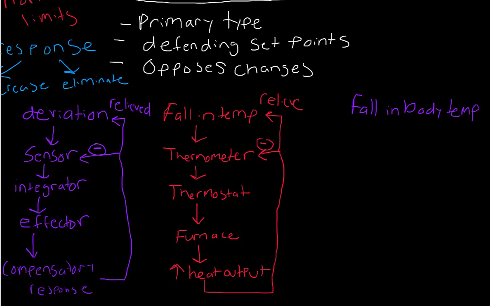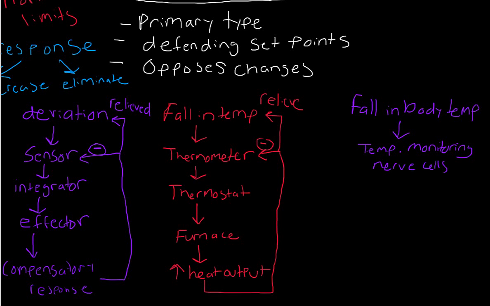As we discussed, it can cause hypothermia. So what happens is that this fall in body temperature becomes detected. It becomes detected by temperature monitoring nerve cells. And this is represented as the sensor in this situation.